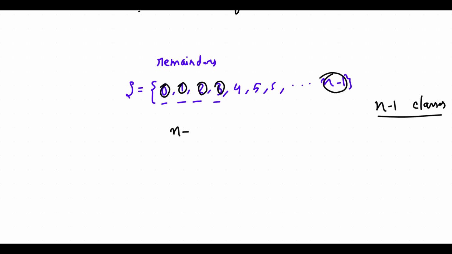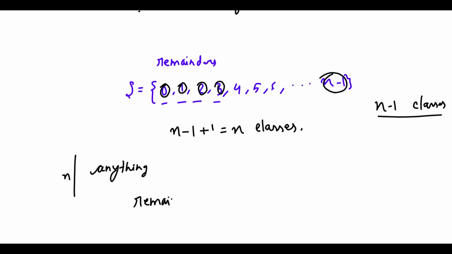Yeah. So, Anant, can you give an intuition of what residue means? When we divide anything, literally anything in the world, by n, the only remainders possible are in this set. We cannot have anything other than this as a remainder when anything is divided by n.